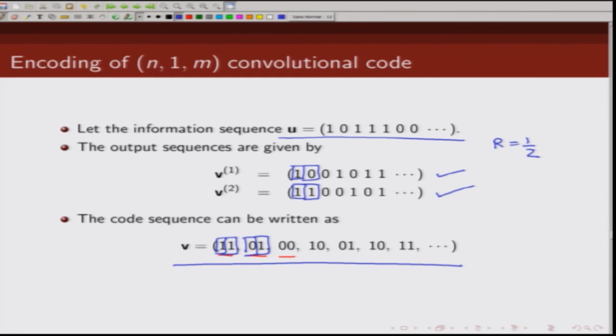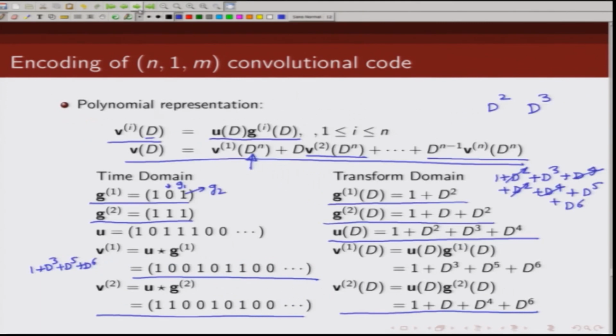So you can see in the output, every second bit is coming from this. This is my 1 which is appearing here, this is my 0 which is this, this is my 0, and this is my 1 which is appearing this. So note, this is appearing every second bit, and that is why when we combined, each of these coded bits we made D raised to the power n.